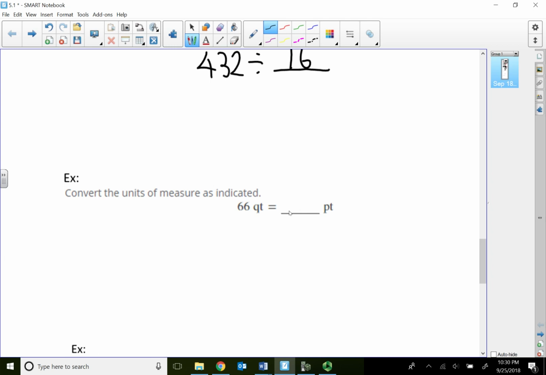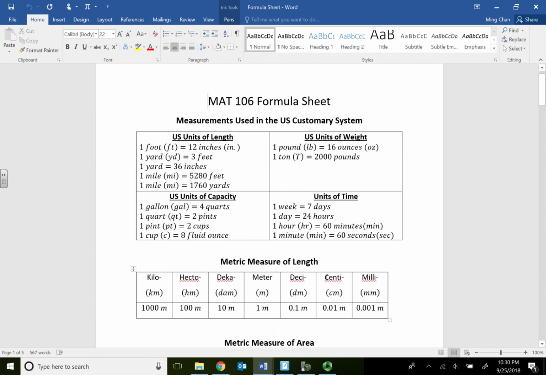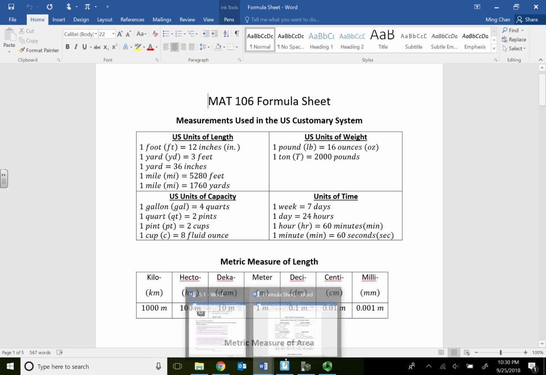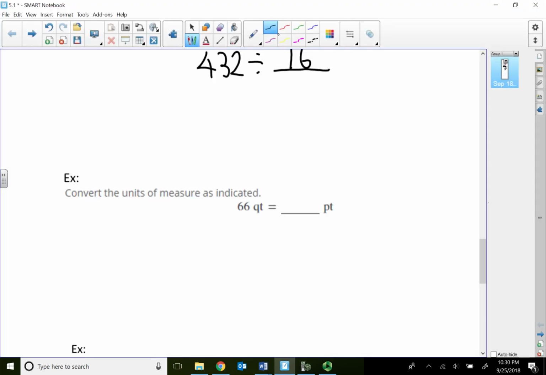All right, quart and pint. So this is a little bit tricky. Let me see what I got on my formula sheet between quart and pint. So what I wrote is a little bit different compared to what is shown on the homework. I always ask students to remember this: quart and pint is called capacity.